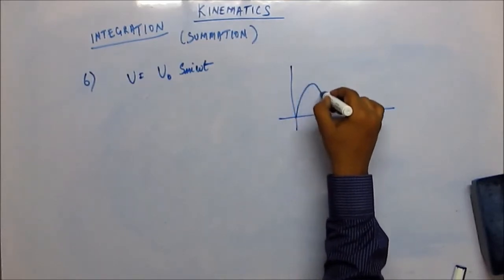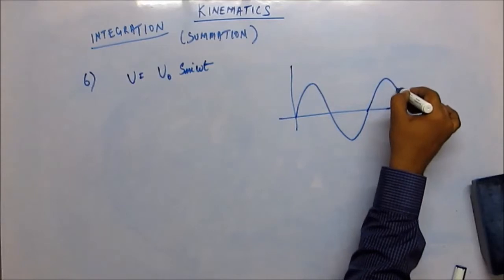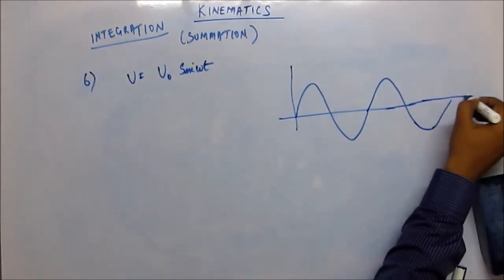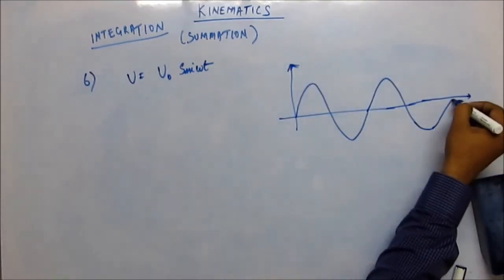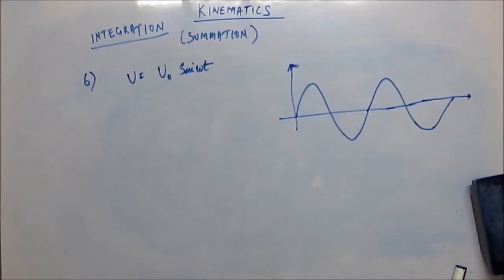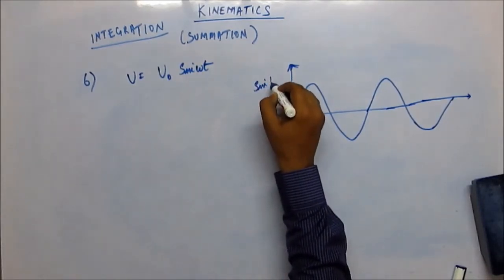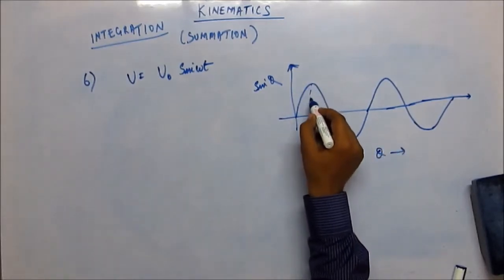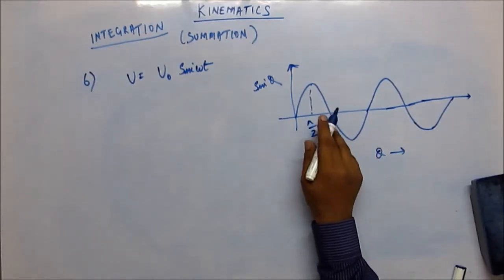The sine curve is this. I hope you already know it from class 10, or you must have been introduced to it by now in maths, perhaps in the chapter on functions. But in case you don't know, this is how the graph of sine is. This is sine theta, this is theta, this is 90 degree, which we write in radian as pi by 2.